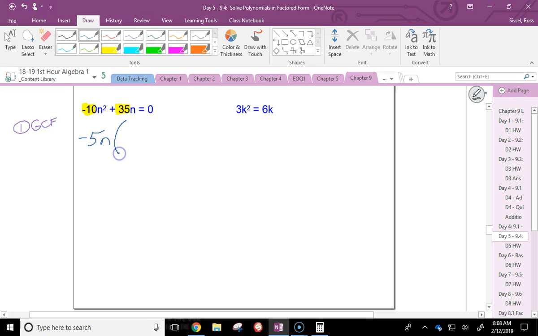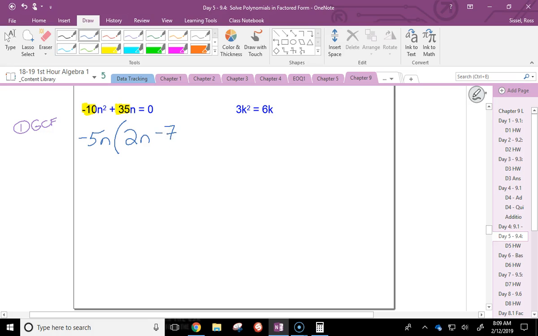So what will we be left with? So our first step was to find the greatest common factor. So we go ahead and do that. Negative 10 divided by 5 is going to leave me with 2. N squared divided by the n, I'll be left with just n. 35 divided by negative 5 is negative 7.